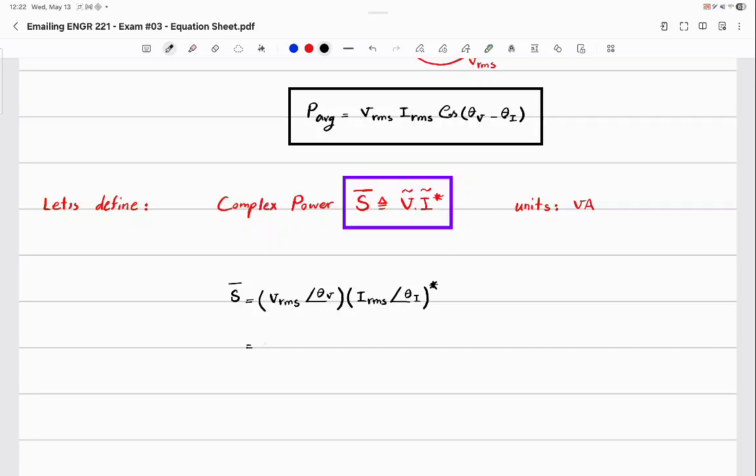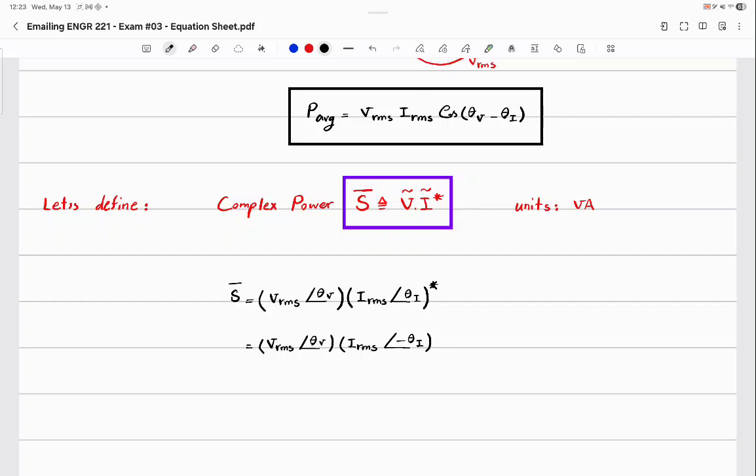It's equal to V RMS, theta V, let's just repeat that. Now what happens to a complex number in polar form if it is conjugated? It's like a negative angle. Yeah, the only thing that changes is the angle. It becomes negative theta I. How do you multiply two complex numbers in polar form?